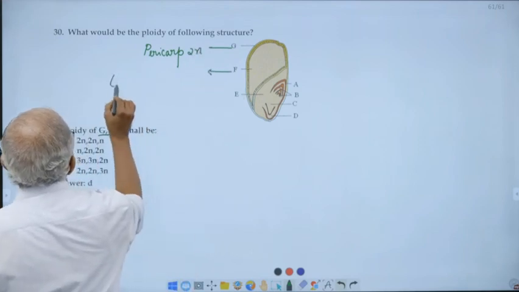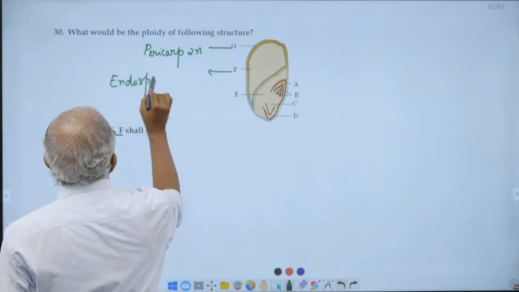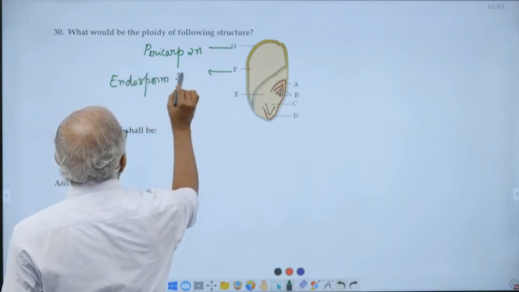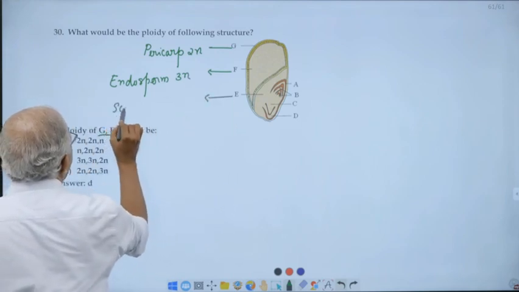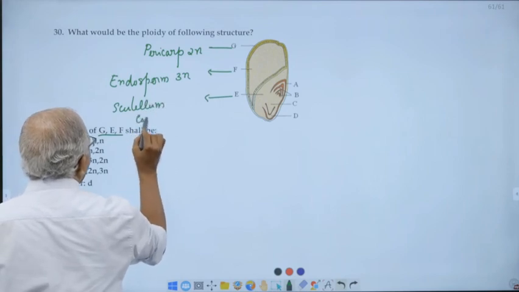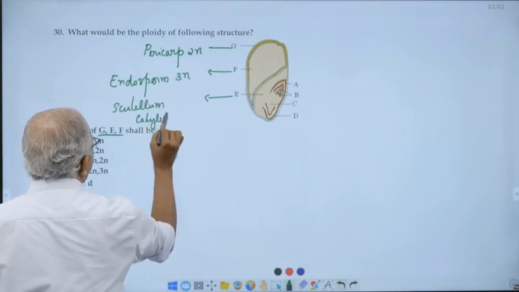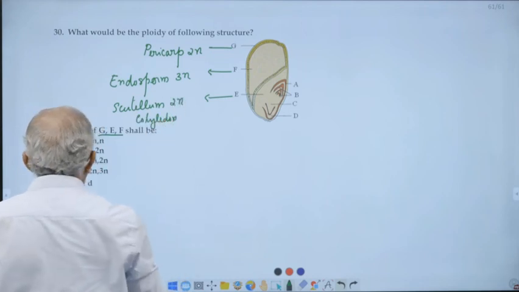F is endosperm, ploidy 3n. E is scutellum, that is cotyledon, it is 2n.